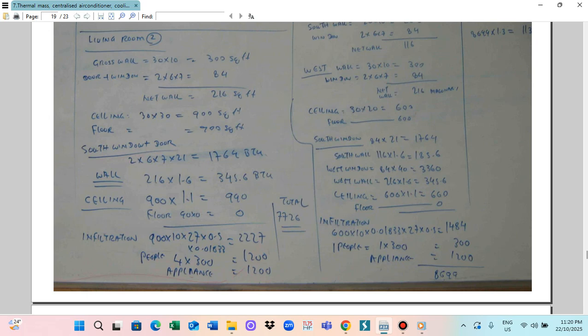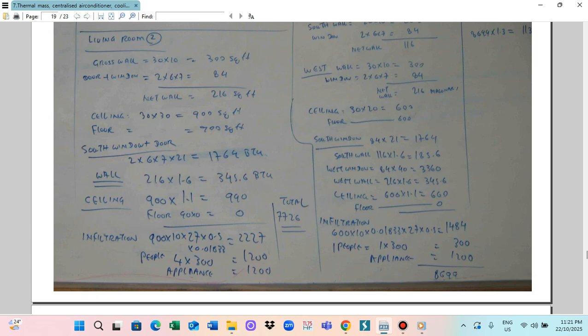So for the south living room 2, we also put 4 feedback, multiplied by 300, because we don't know who will visit which area. In any particular place, the maximum number of feedback is 4. So feedback is equal to 1200.